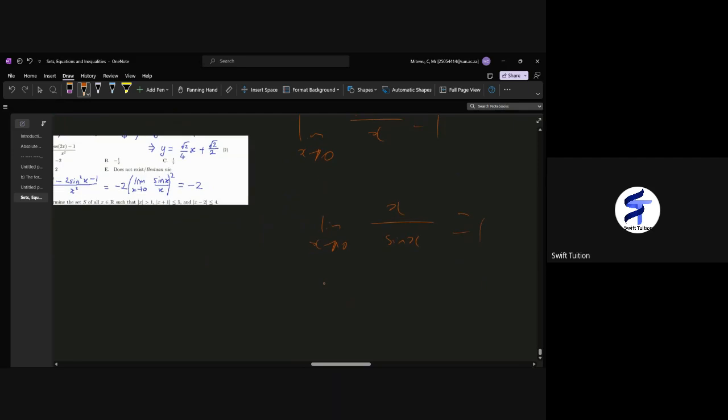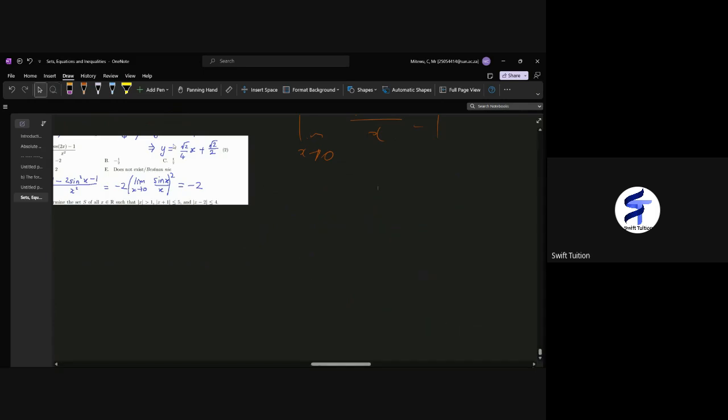They may also throw you off with the limit as x approaches 0, and again this is only when x is approaching 0, of 2x over sine of 2x, for example. Again, this is going to be equal to 1. As long as the x's are the same on both sides, it's still going to be equal to 1. That's just something to bear in mind. So 2x and 2x, or x and x, is still going to be equal to 1.